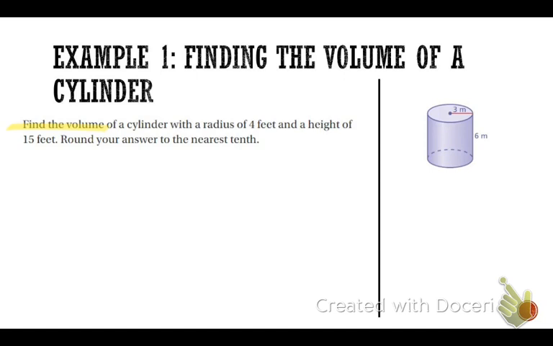So find the volume, solve for V. V equals pi r squared h, meaning the volume equals, which is what I'm solving for, all of these figures multiplied together.